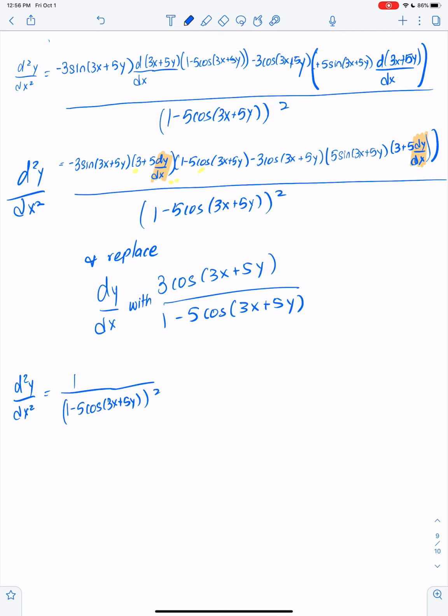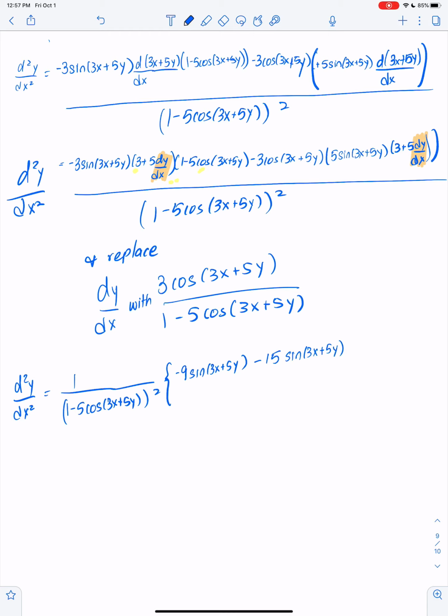Okay, and then you will have it multiplied by, now open it up, 3 times 3 minus 9 sine 3x plus 5y. Okay, then you have 5 times negative 3, which is minus 15 sine 3x plus 5y.